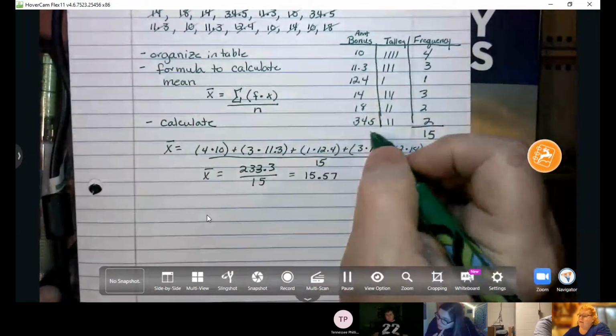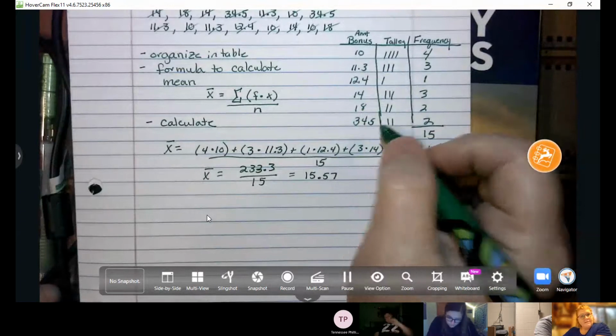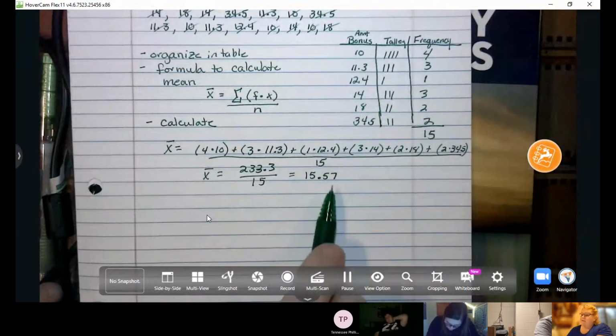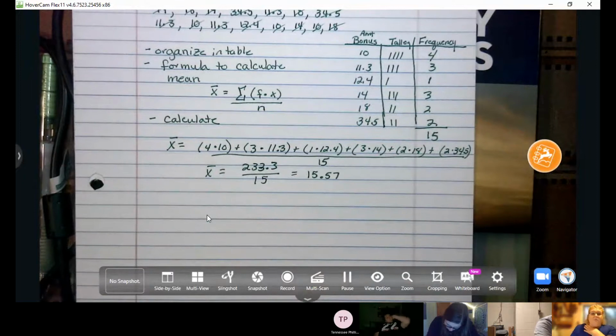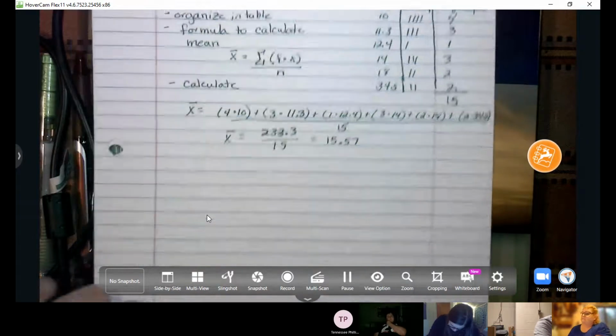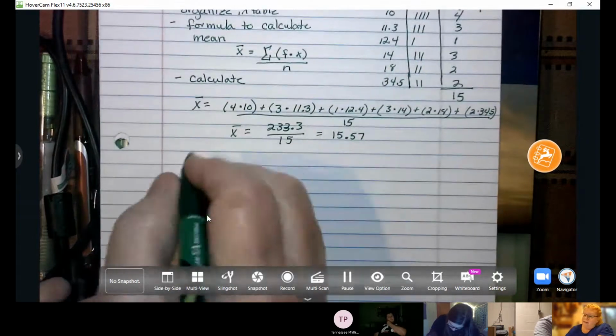In this set of data, we go to the tenths place. So our rule of rounding, we go 1 place or 1 digit beyond that. And so that's why our answer is 15.57. So that's how we calculate our mean for a grouped set of data. Now, how do we find the median?